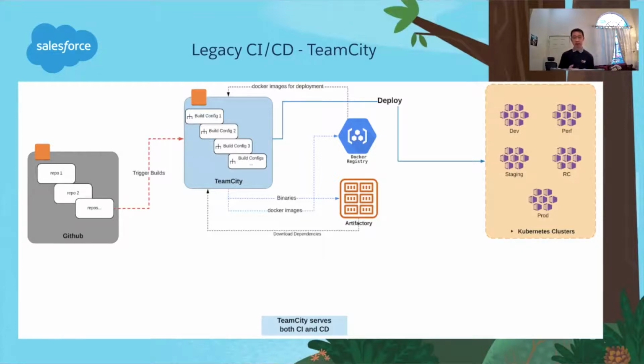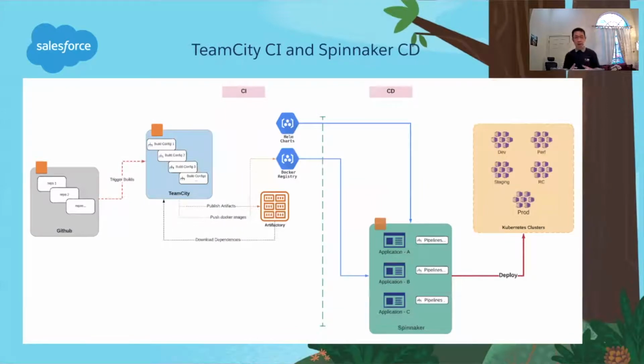TeamCity also serves as a deployment tool, so it deploys the targeted image into our Kubernetes clusters. In Kubernetes, we group the clusters in terms of environments: dev, staging, RC, and production. As you can see, it can deploy directly to production. That's one of the issues we would like to address.